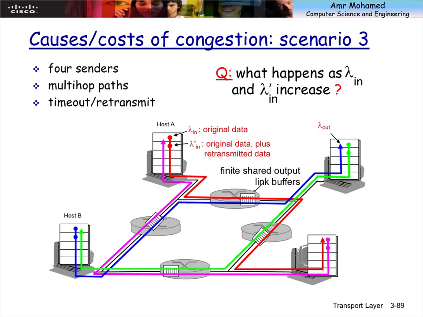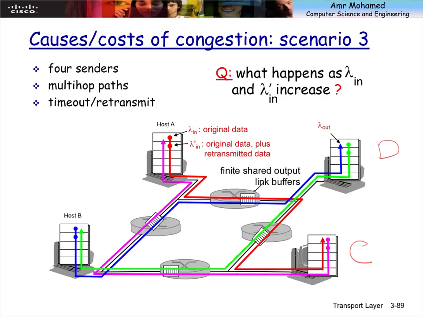So you have host A, host B, and assume this is host C, and assume this is host D. So host A, for example, is sending to host C through this session here. Right? Host D, for example, is sending to host B. And host B is sending to host D, and so on.